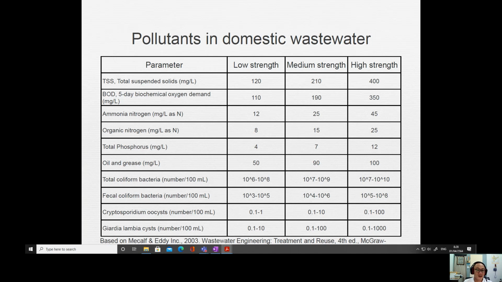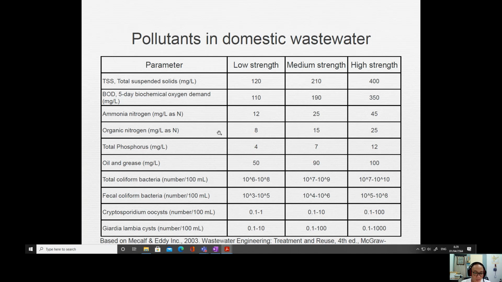But if they are present in a greater amount, like in here, the BOD for the low strength wastewater is about 110. But if you consider the amount of nitrogen, the combination of these two becomes 20, 8 plus 12 becomes 20, and the phosphorus is 4.